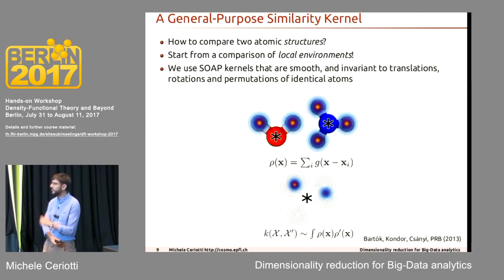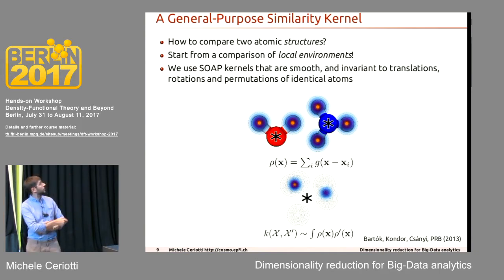You had a presentation by Gabor earlier that went into much detail about the definition of this smooth overlap of atomic positions. Just as a reminder, the basic idea is that you sit on the two atoms whose environments you want to compare. You deploy Gaussian hills on each of the atoms around your center.